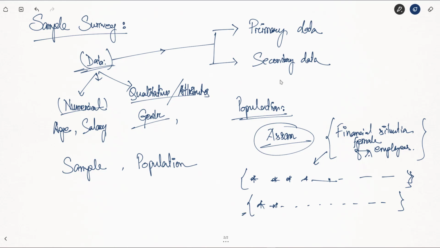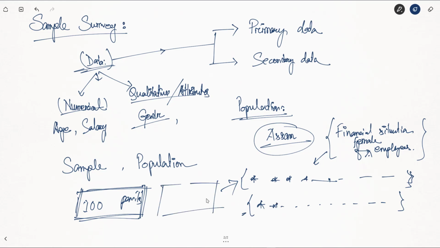So similarly, if in a box there are 100 pencils, then this will be called the population of pencils, right? So we are not only limited to living things, we are also calling items a population.